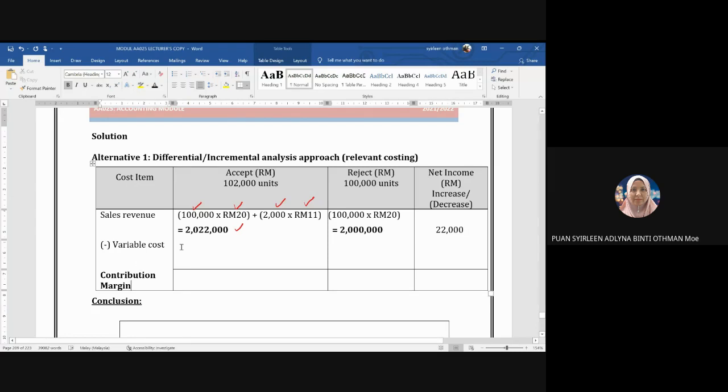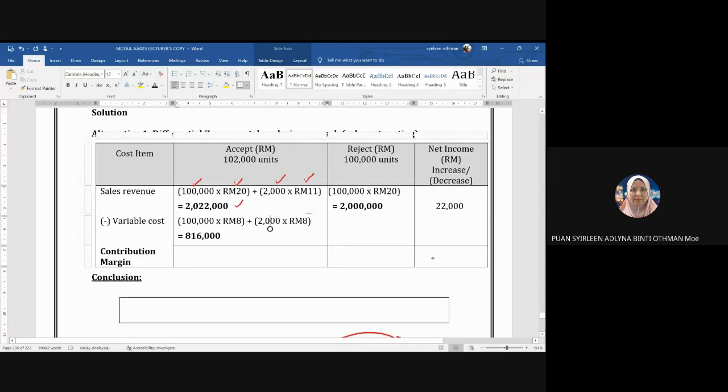Okay, so variable cost dekat sini, kalau saya keluarkan 100,000, saya darab RM8. Lepas tu saya akan tambah juga 2,000 unit. Okay, kamu kena faham cost variable tu yang ditanggung masih kekal RM8 untuk 2,000 unit. So cost yang saya akan tanggung ialah sebanyak 816,000.